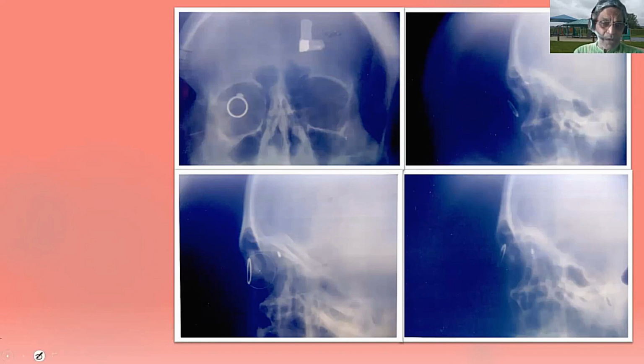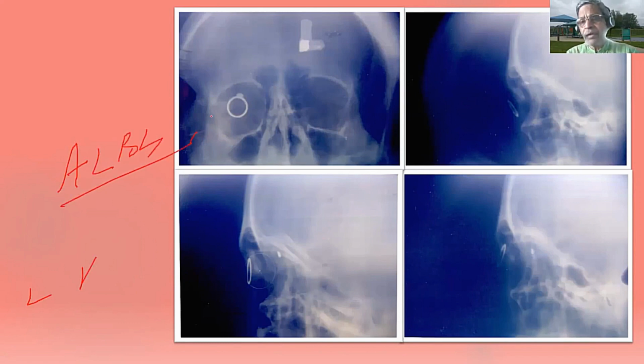Now the exam question: you know what is called Albl sign? What is Albl sign? The curvilinear calcification of the internal carotid artery around the sella area. That is called Albl sign.